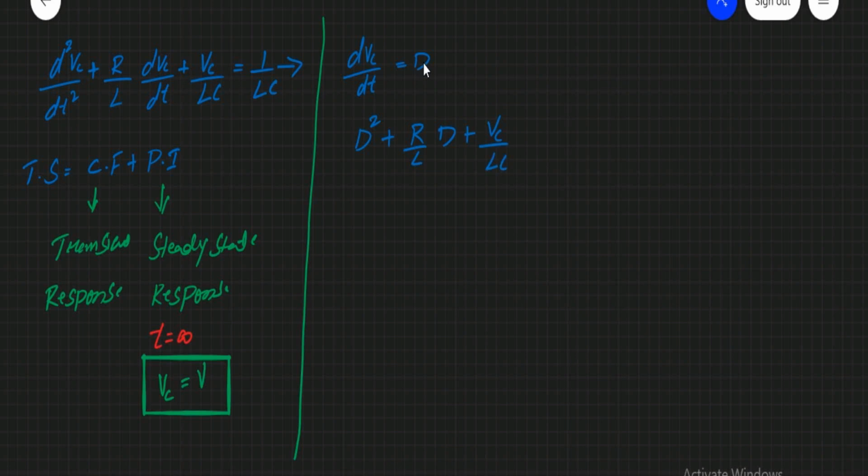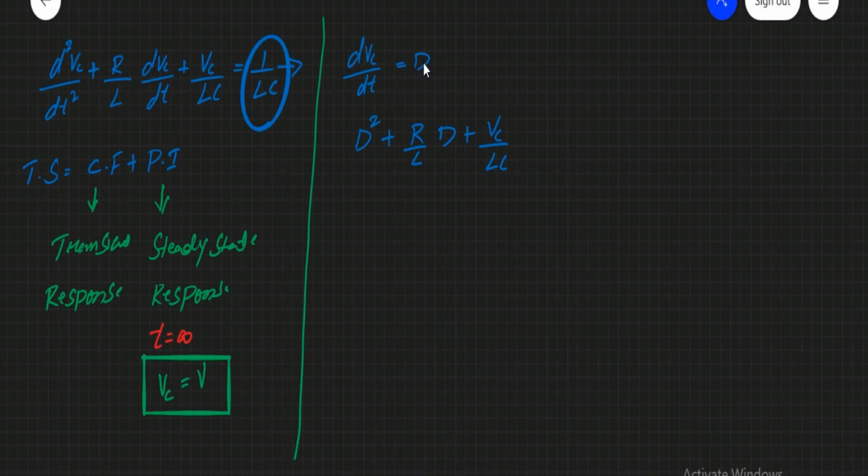The transient response is nothing but the source free response, so the source term becomes 0 for the complementary function.